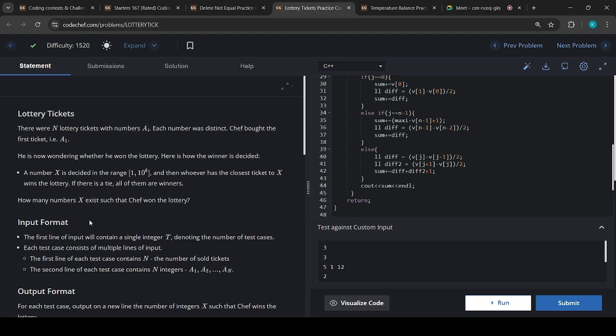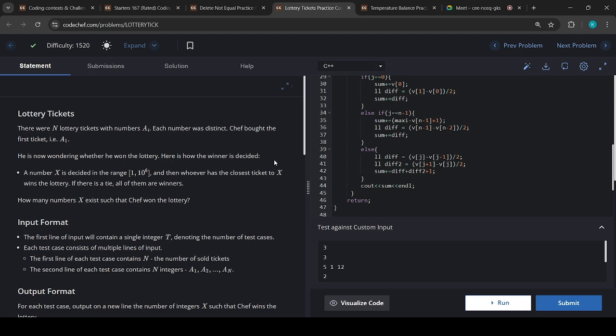so the second question is: there were 10 lottery tickets with number Ai. Each number was distinct. Chef bought the first ticket, that is A1, and he is now wondering whether he won the lottery or not.